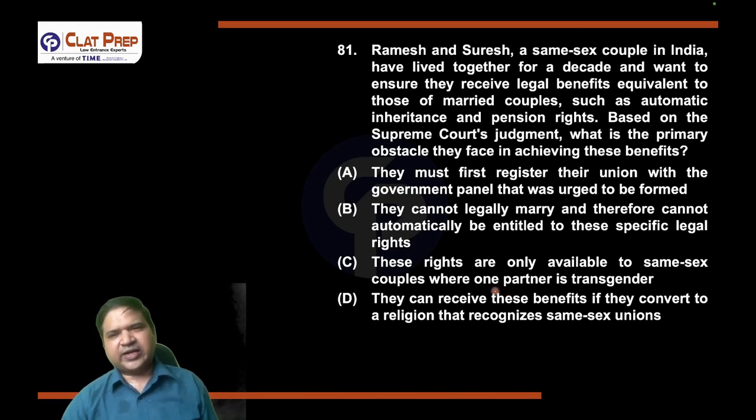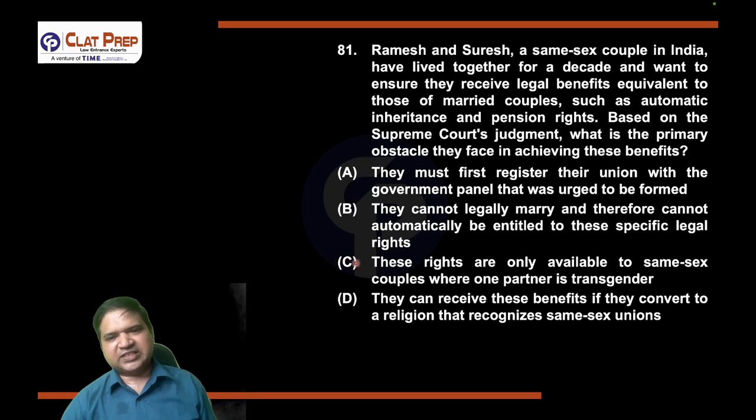So of course there is no religion that recognizes same-sex unions in India. So we will eliminate option D. They will not receive benefits by converting. Only available to same-sex couples where one partner is transgender. This again they have imported extra information here. No such requirement is mentioned anywhere in the passage nor in any provision of law.